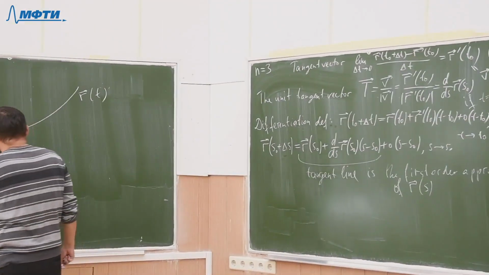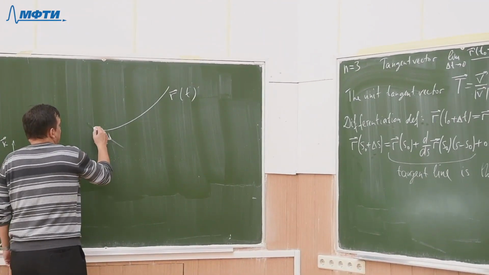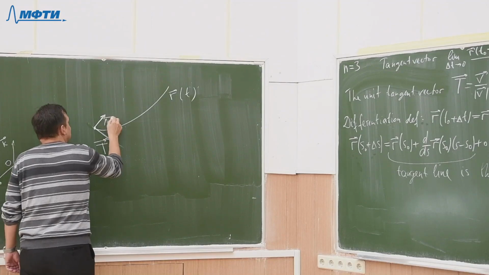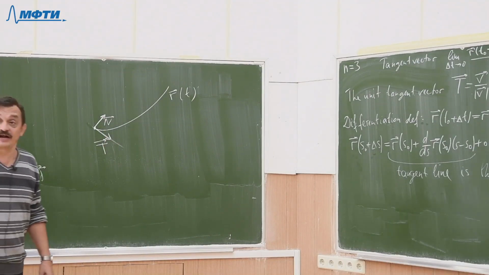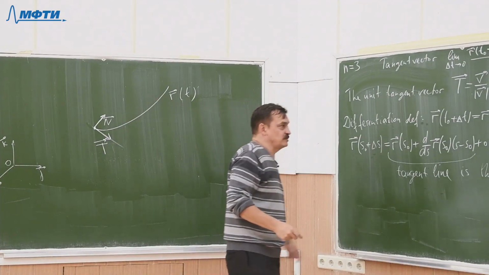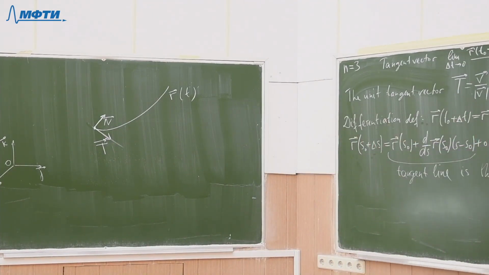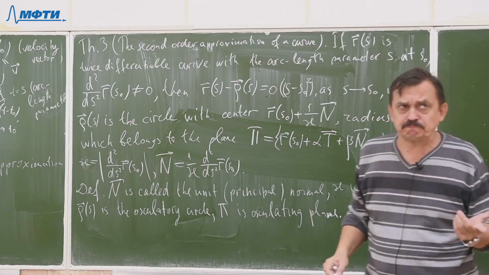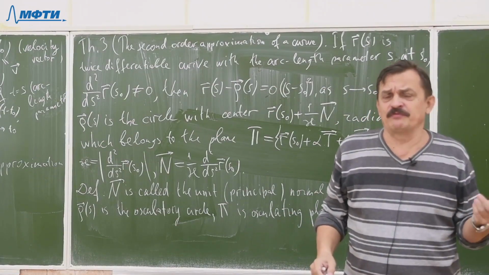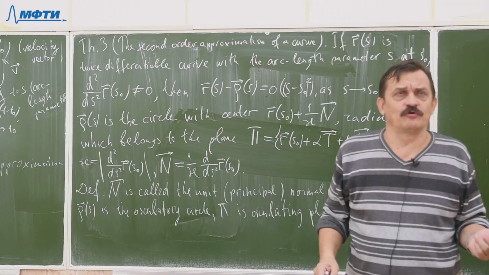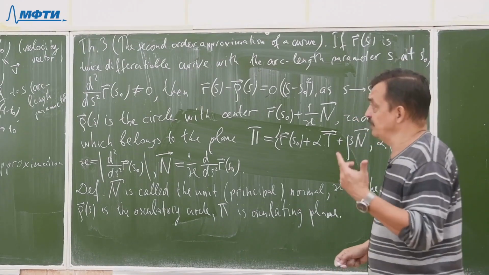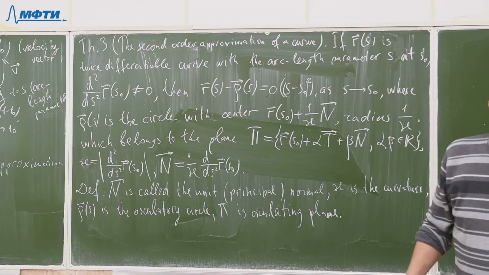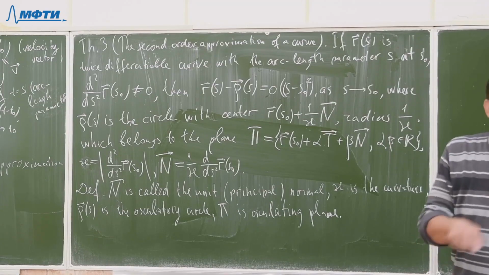Okay, so you see, look, what appears? It appears that we have a vector, and that is the second vector of our frame, in fact. It is orthogonal. Why? Because the lemma before the last from former lecture said that if a vector has a constant length, then the derivative of this vector is orthogonal to this vector.